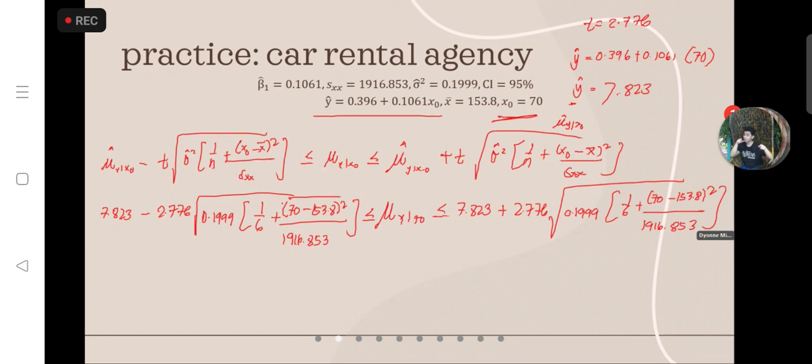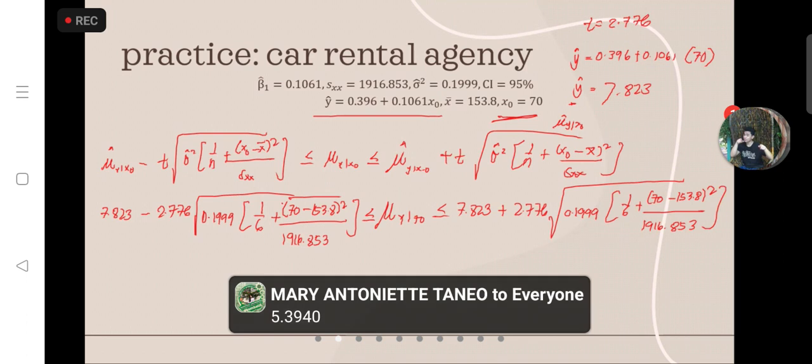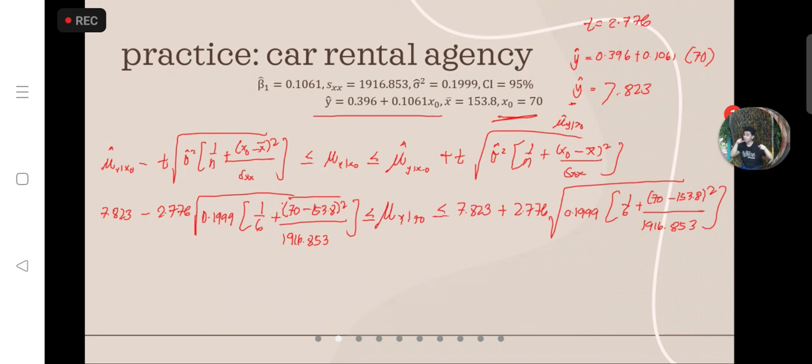What is our confidence interval for the mean response? Anyone? 5.3940.